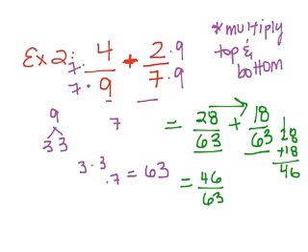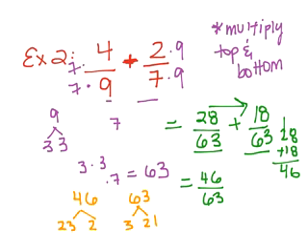So I need to ask myself, is there something that I can divide 46 by and 63 by? To do that, I'm actually going to go ahead and use prime factorization. So here's my last step. I'm trying to simplify 46 and 63. This is going to be 23 times 2. This is going to be 3 times 21.